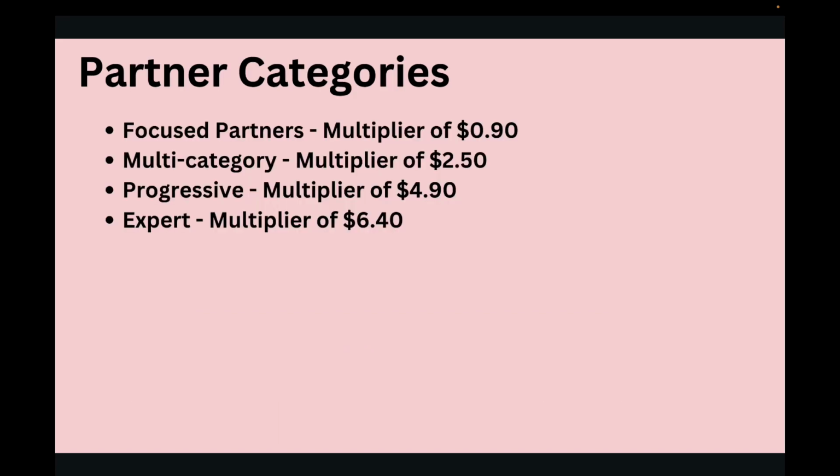Let me explain the partner categories and how much multiplier they're achieving within each of them. The first one is focused partners, and they're only achieving a multiplier of about 90 cents to a dollar. If AWS is making $1, these partners are not even making a dollar, they're making 90 cents. Don't get me wrong, these are very good partners. As the word says, they are very focused. For example, storage specialists are only focused on storage-type services.